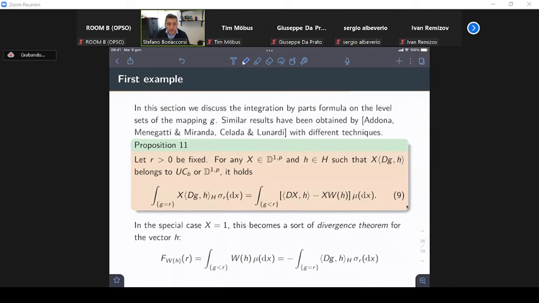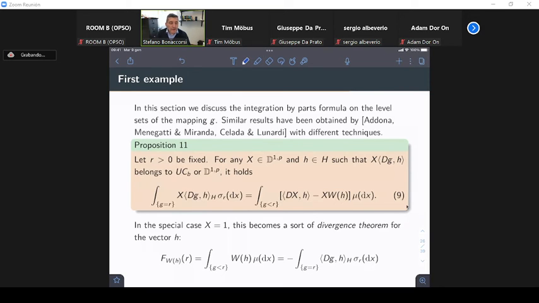That is a formula in the Wiener space that says that if you take any x which is in D^{1,p}, and for any vector h such that x times the scalar product dG h is regular enough, then the integration on the surface can be written in terms of the integration on the inside of the ball by this formula, where I recall that this is just an analytic notation, but on the right you have exactly an expectation with respect to the Wiener measure.